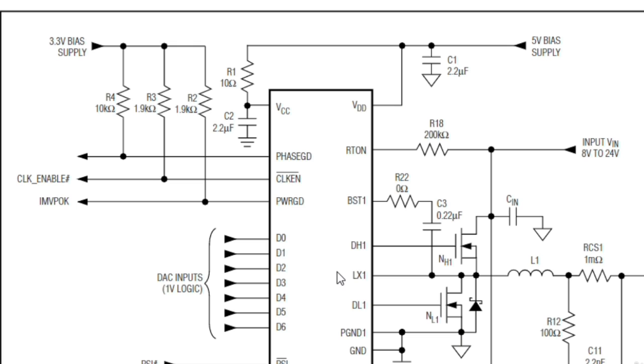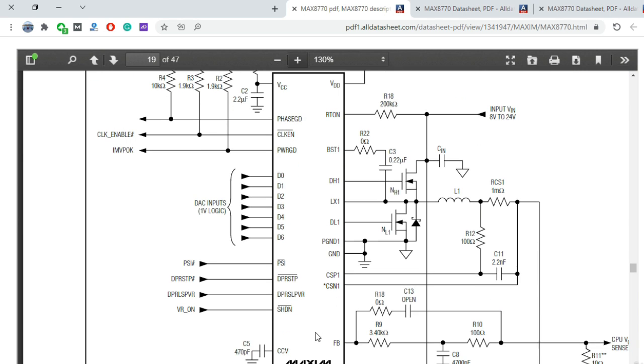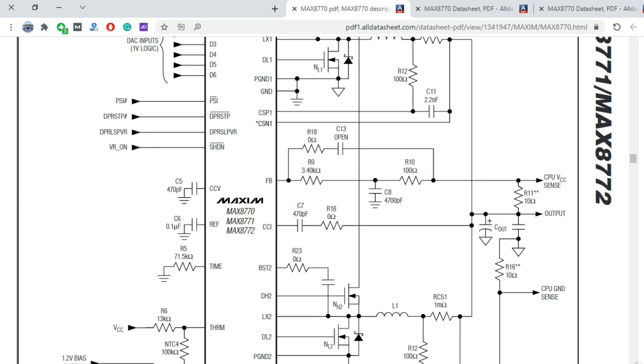Because some CPUs can need, for example, as a VCC core, 0.9 volt DC, but others, for example, can need 1.1 or 1.2 or 1 volt, etc. So based on these IDs, this IC will generate the VCC core.